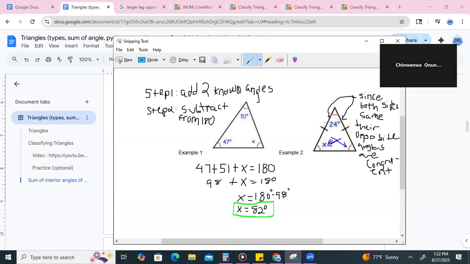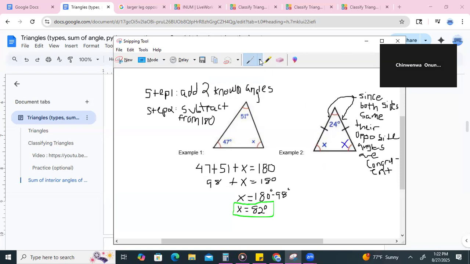Since there are two sides that are the same, their opposing angles are also congruent. What does that mean? That means that if the angle opposite this leg is x, similarly, the angle opposite the side with the same length is also going to be x.